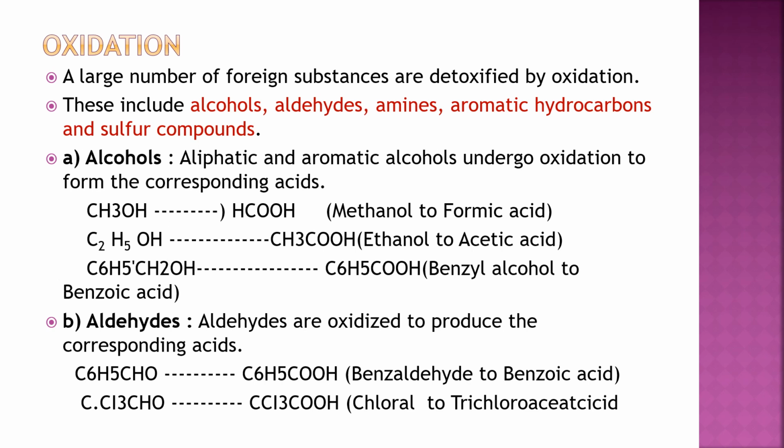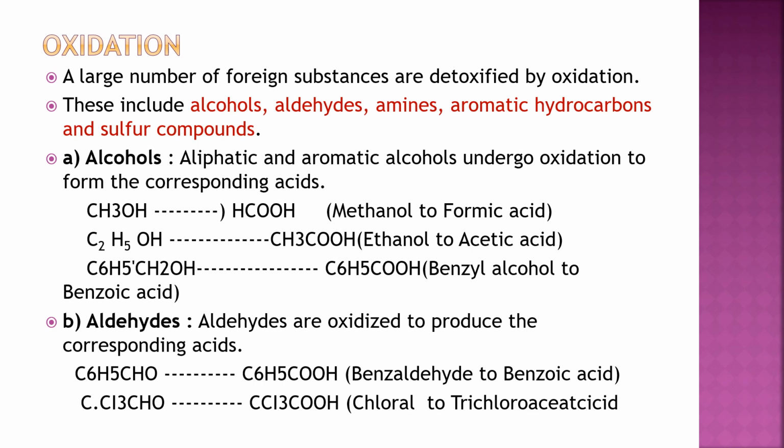Oxidation. A large number of foreign substances are detoxified by oxidation. These include alcohol, aldehyde, amines, aromatic hydrocarbons, sulfur compounds, etc. First of all, aliphatic and aromatic alcohols undergo oxidation to form the corresponding acids.